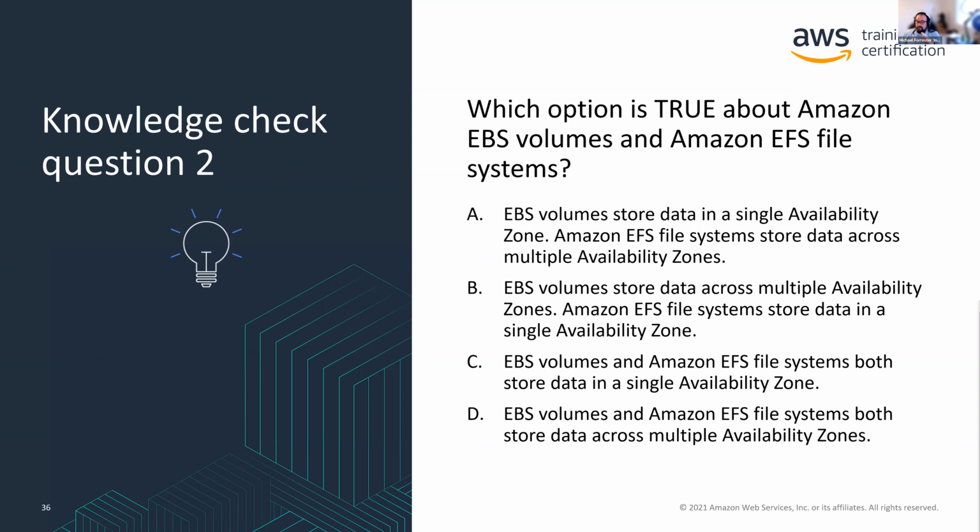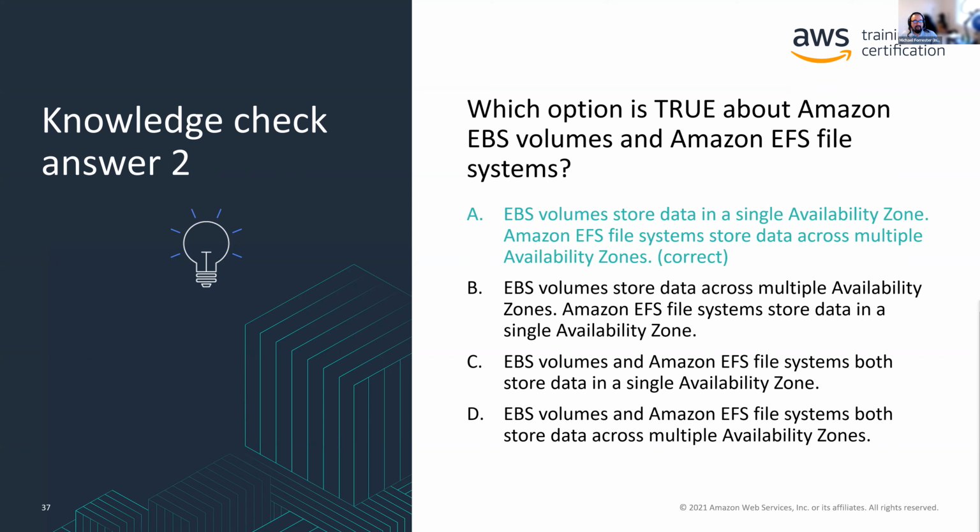EBS volumes, which is block storage, only exist in a single availability zone because virtual machines only exist in a single availability zone. EFS is meant to be mounted by multiple virtual machines regardless of what availability zone they're in. So EFS is region wide. So A is the answer: EBS is going to store data in a single availability zone, whereas EFS is going to store data across multiple availability zones. So good question there, just to make sure we explain that.